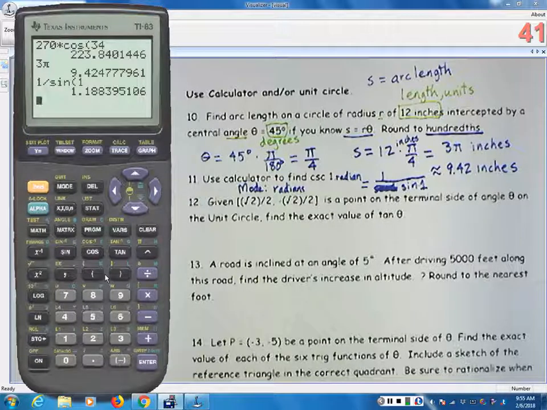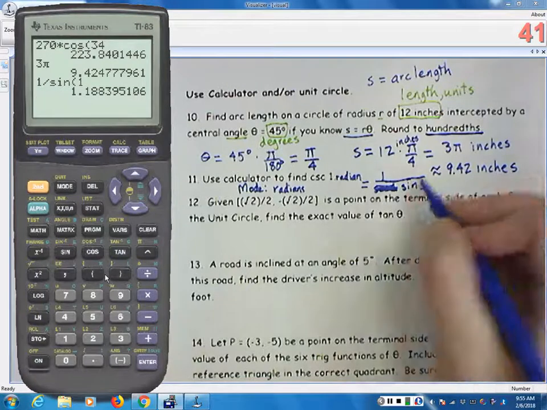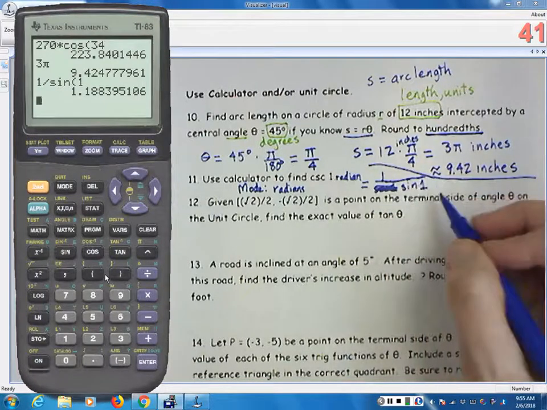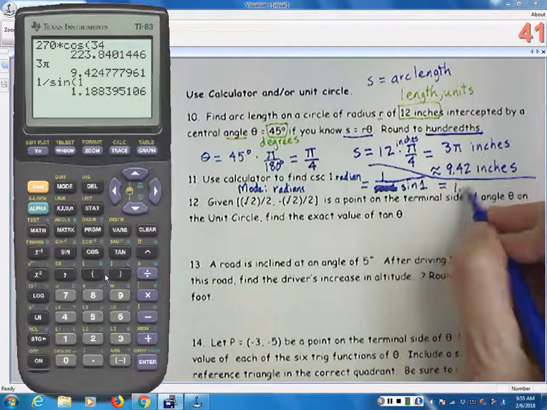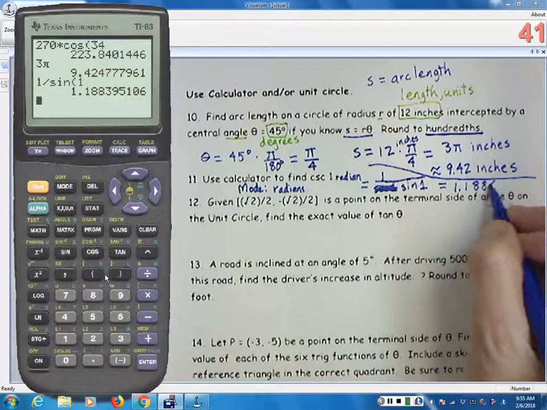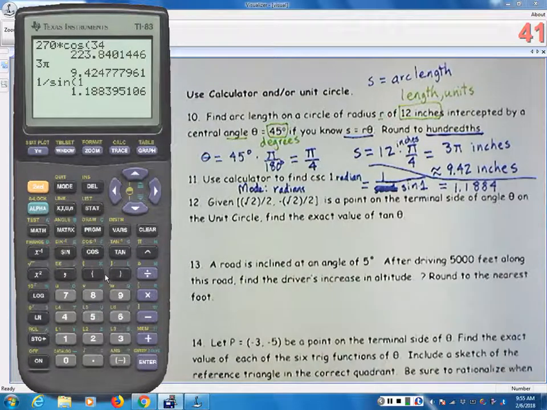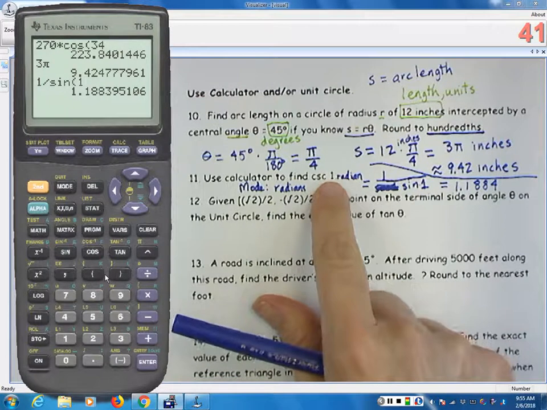I don't know why I wrote radian on my answers. This is just a number. Cosecant of 1 will not be in radians. If I ask for 4 places, here it is, 4 places. Angles are in radians or degrees, so that is an angle.